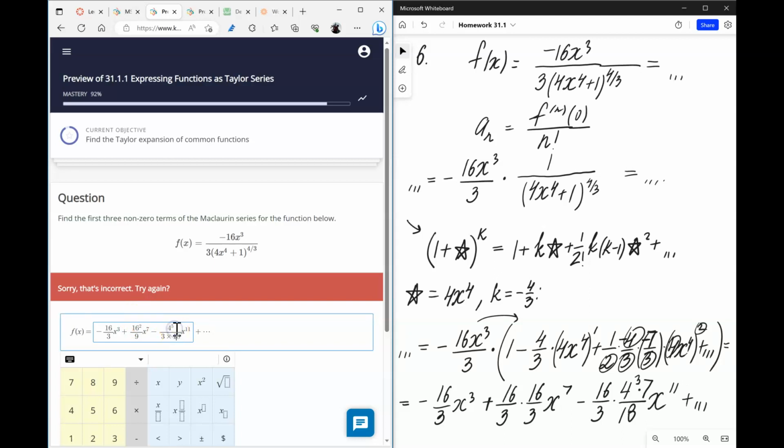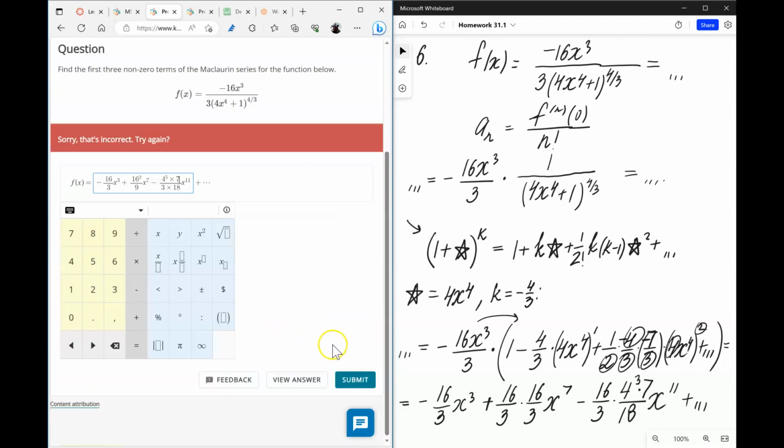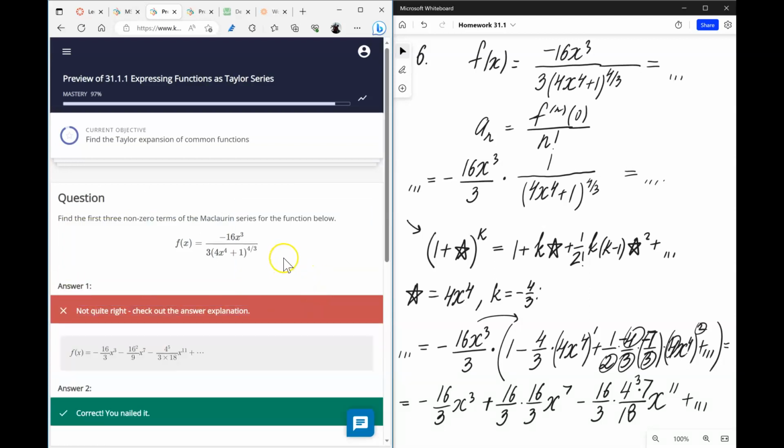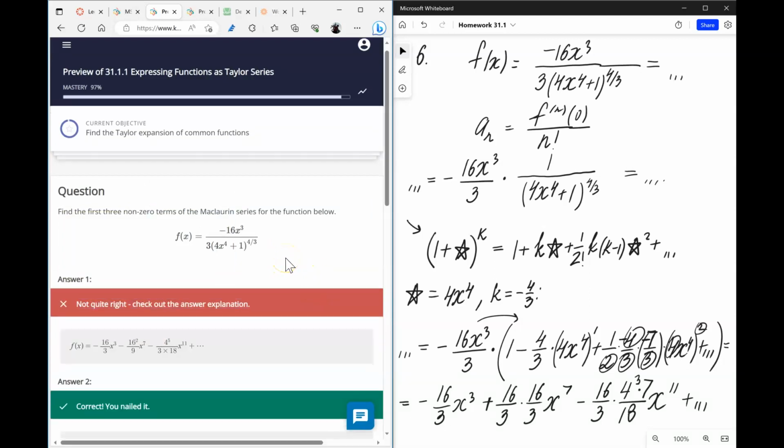It's still going to be 4 to the 5, but we're also going to have times 7, if I'm not wrong. And that should fix it. So let's try. Yeah, that's correct.